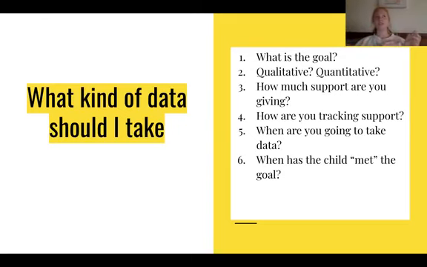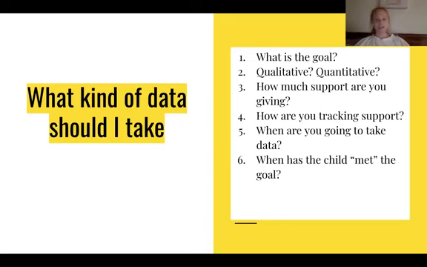And so that's just kind of counting during a time frame versus putting checks and X's of, okay, this was right, this was wrong, this was right, this was wrong. So first and foremost, you should be looking at your goal to determine what are you trying to measure, and that'll give you a really good starting base.